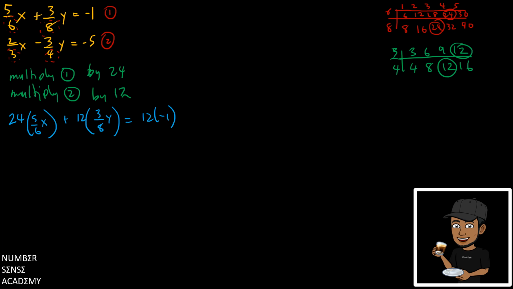And I'm going to just do that math real quick. So here's the math that you're doing. You're going to take 24 multiplied by 5 and divide it by 6. And if you're not comfortable doing that in your head, then just plug it in your calculator in the exact order. 24 times 5 divided by 6. And that gives you 20. So I have 20x. Then I have 12 times 3 divided by 8.